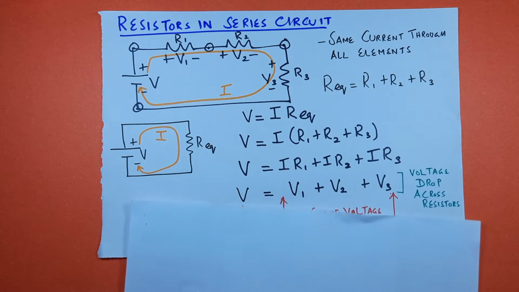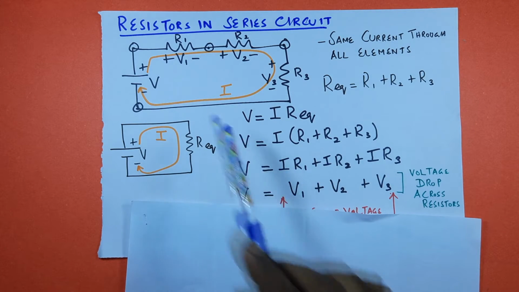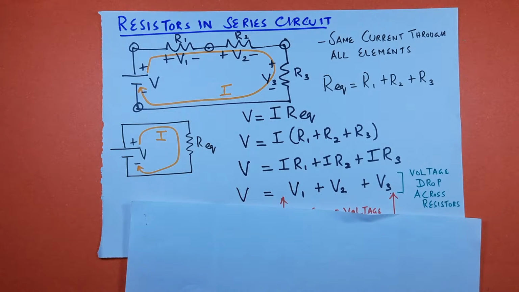So V equal to IR1, which is the voltage drop across R1, V1, plus IR2, which is the voltage drop across resistor R2, V2, plus IR3, which is the voltage drop V3 across resistor R3.